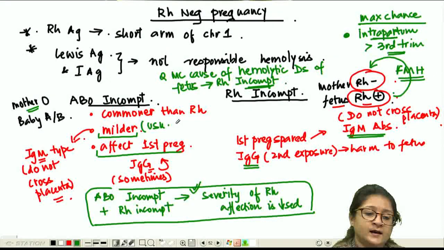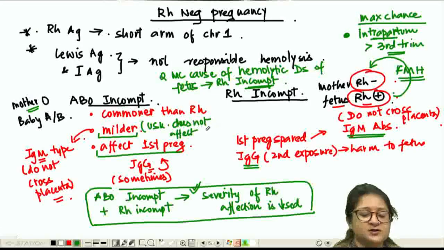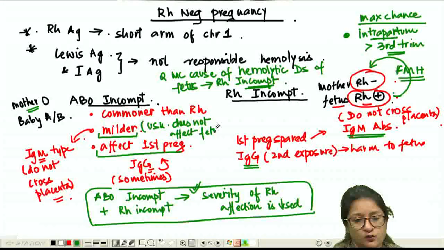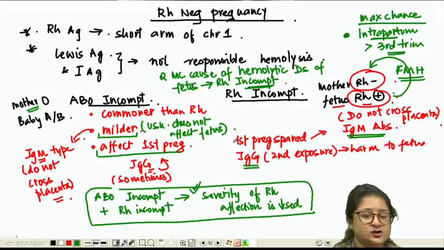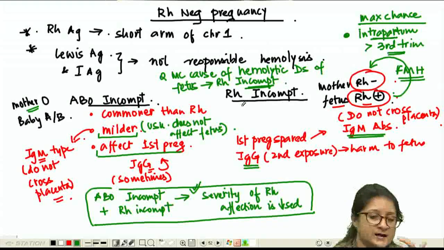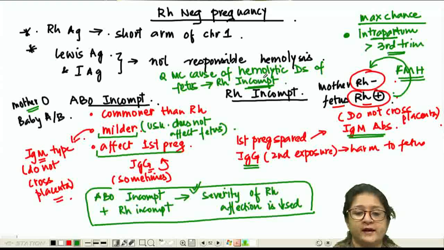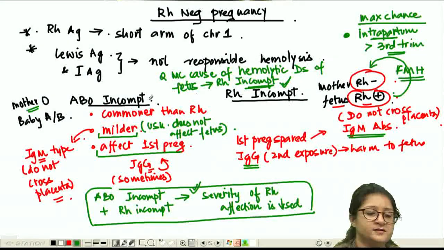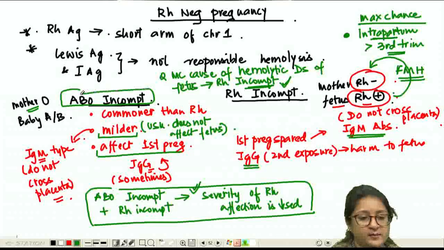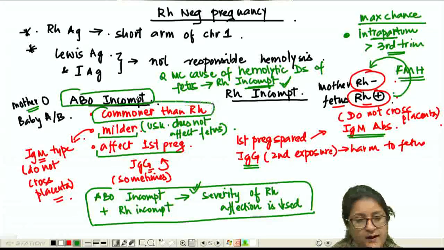It usually does not affect the fetus. It causes just mild jaundice in the newborn. Therefore, when asked about the most common cause of hemolytic disease of the fetus, the answer is Rh incompatibility. However, in nature, ABO incompatibility is commoner in existence than Rh incompatibility.